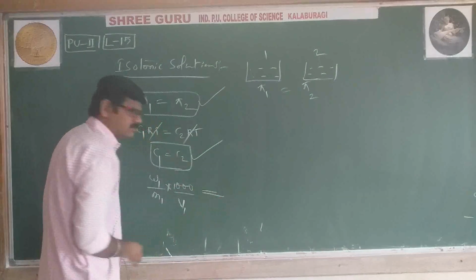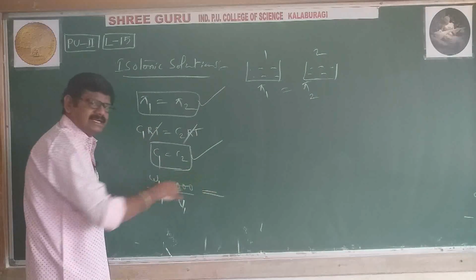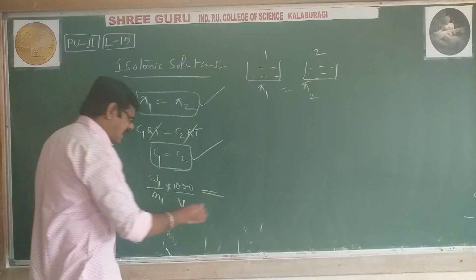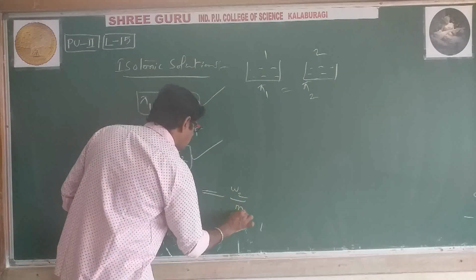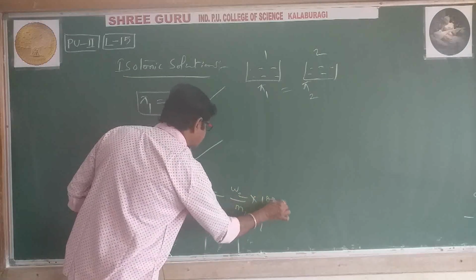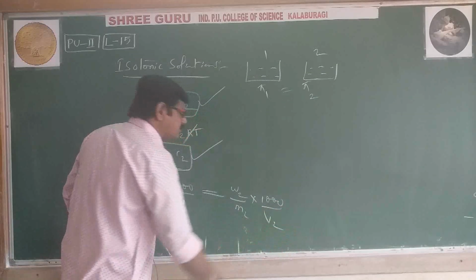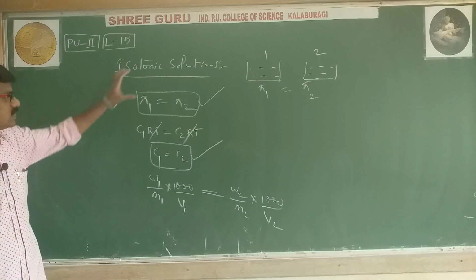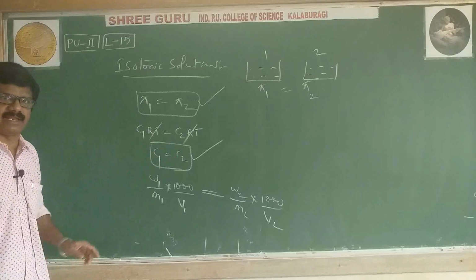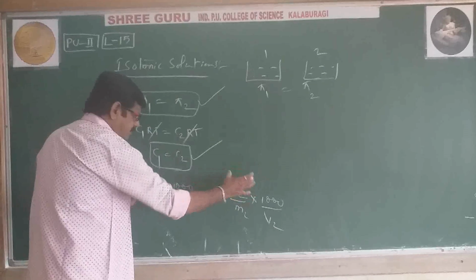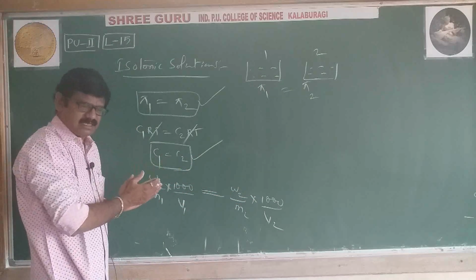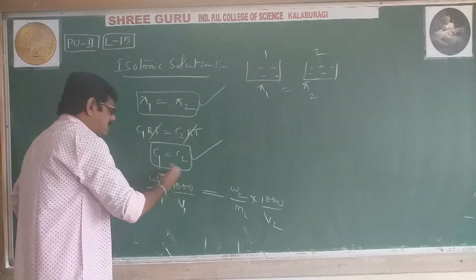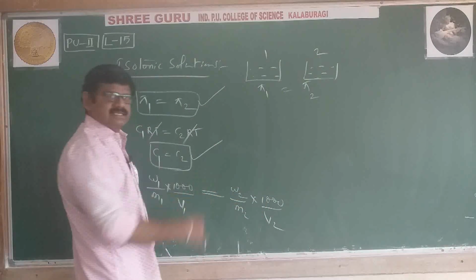Now it is equal to the sample 2 related formula, W2 by M2 into 1000 divided by V2. Why? Isotonic solutions have the same concentration values. That's why we are equalizing both concentration formulas, sample 1 concentration and sample 2 concentration.